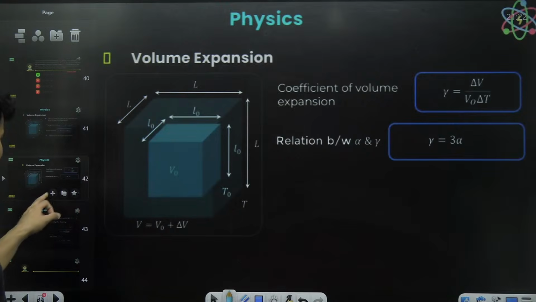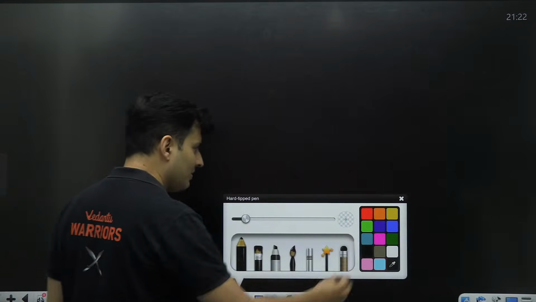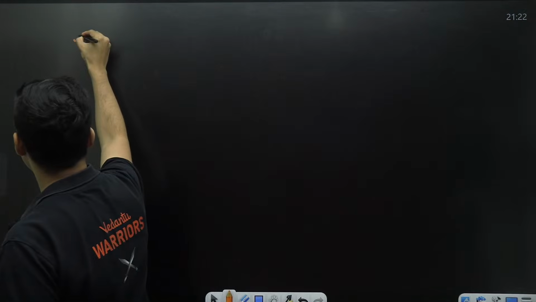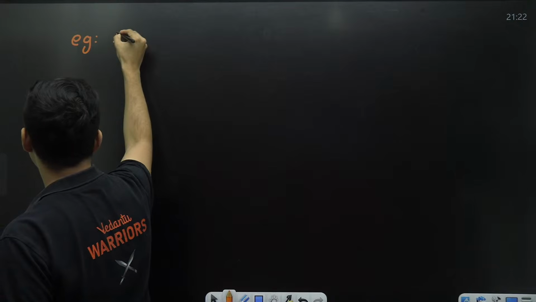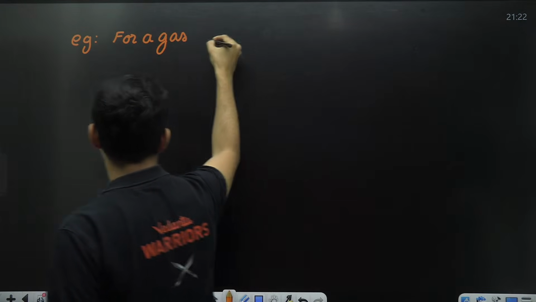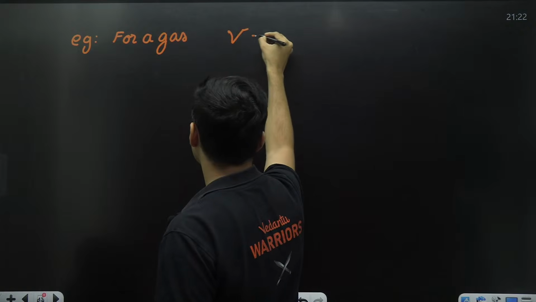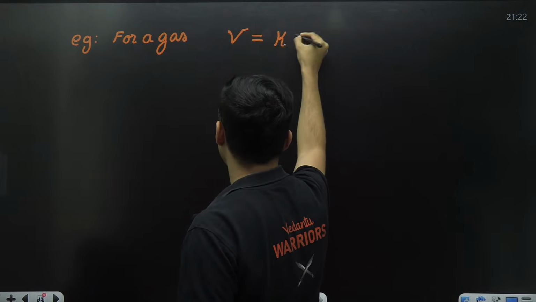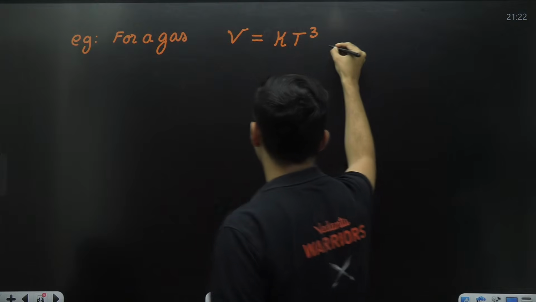Okay, clear about this? Very good. Now there was a very interesting question which I had seen, which was on gas, and they had asked to find gamma. For example, for a gas, volume is given as some constant into T cube.